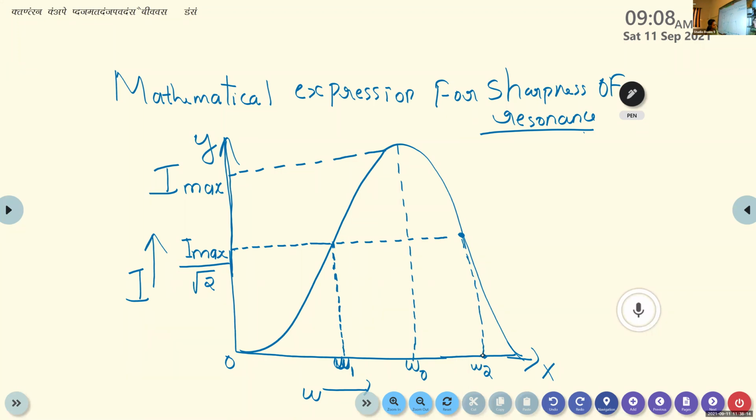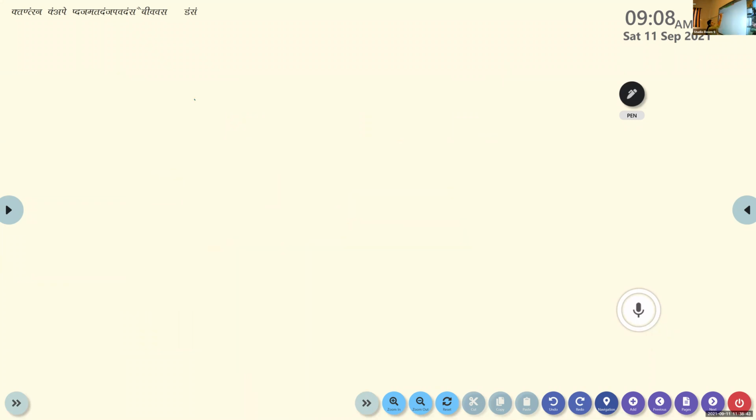And here we can say that the angular frequency omega 1 is less than the frequency omega 0, because omega 0 is the maximum frequency offered by the LCR circuit under the resonance condition. Omega 1 is less than omega 0 by a small amount, delta omega.